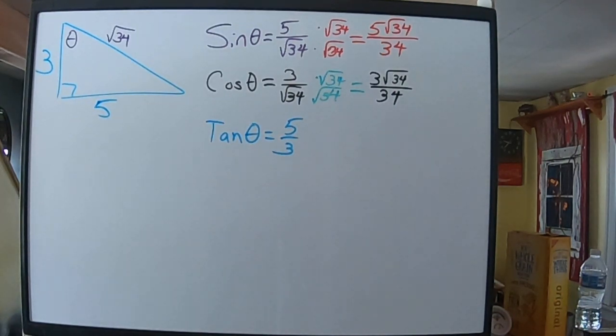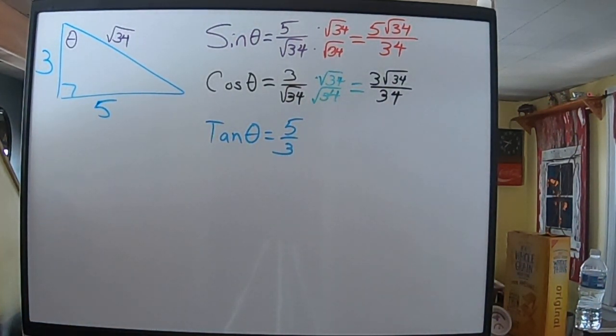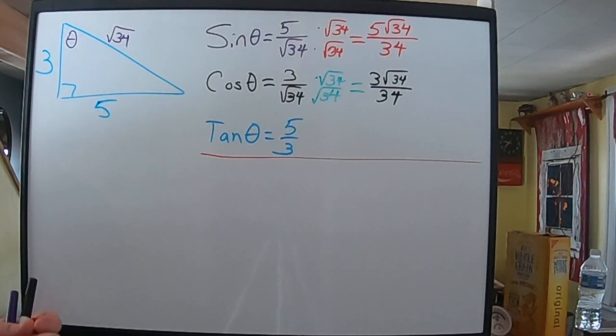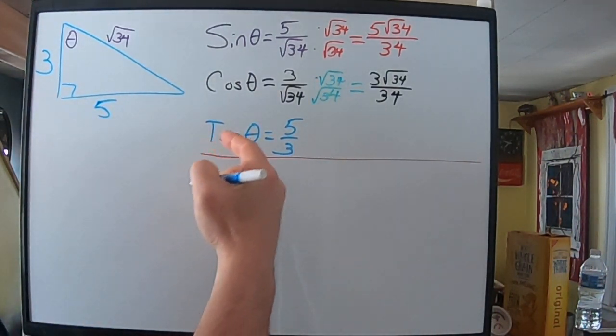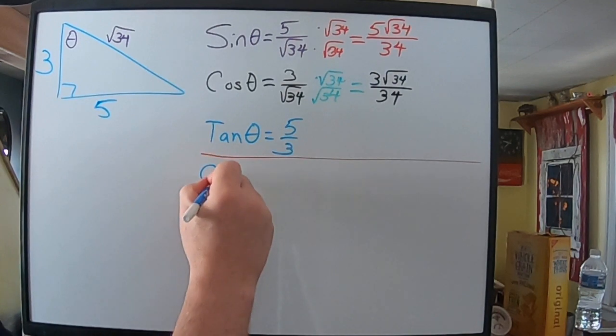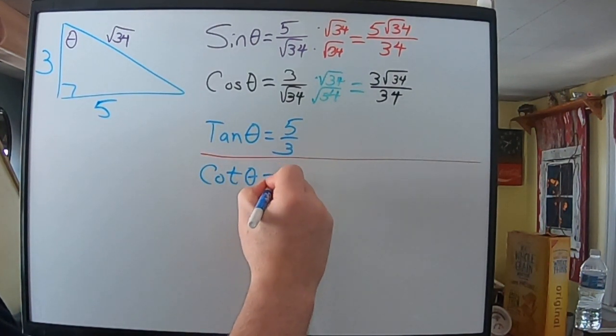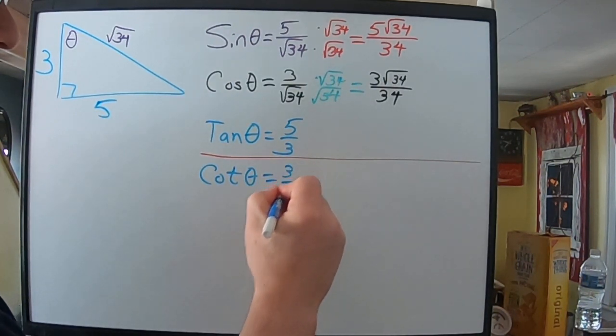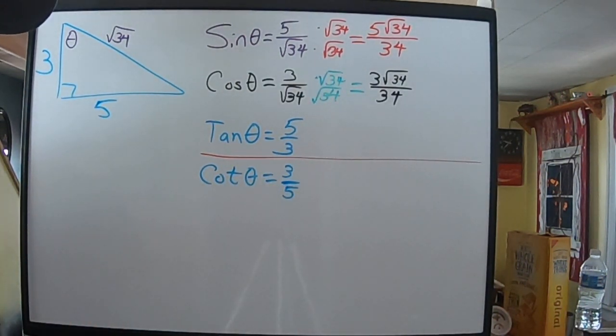Now earlier, we said that the tangent and the cotangent are reciprocals. So tangent, if I just flip that over, is going to give me cotangent of theta, which is just 3 over 5. Cotangent is adjacent over opposite.